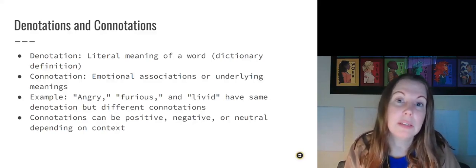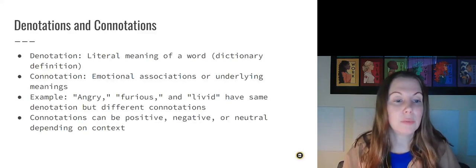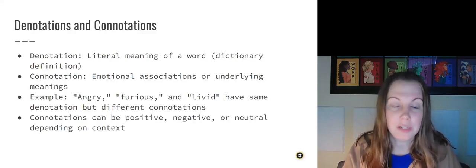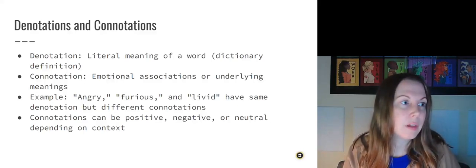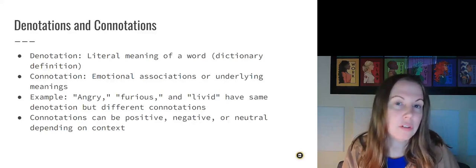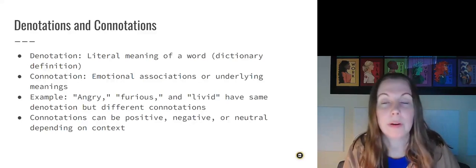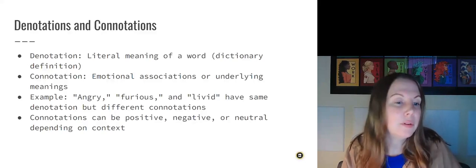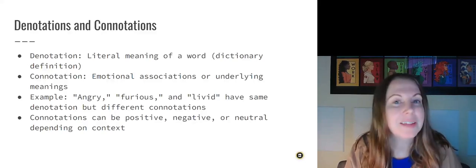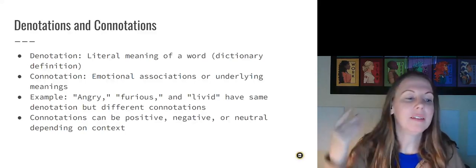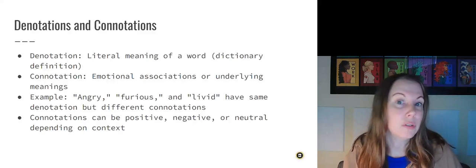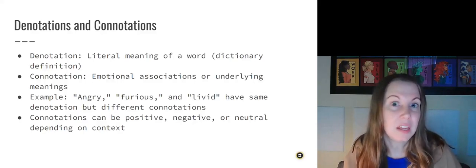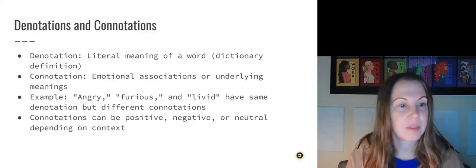I would probably say that they were livid, right? Because that's more in tune with what I'm feeling. If I lost my stock in the drawing, I would more than likely use angry. And then it says connotations can be positive, they can be negative, or neutral.